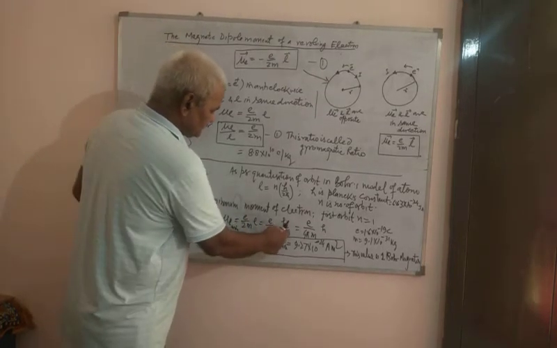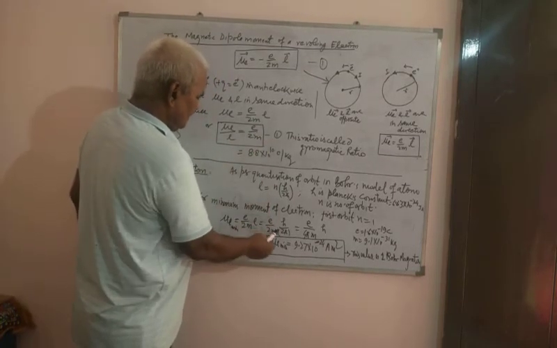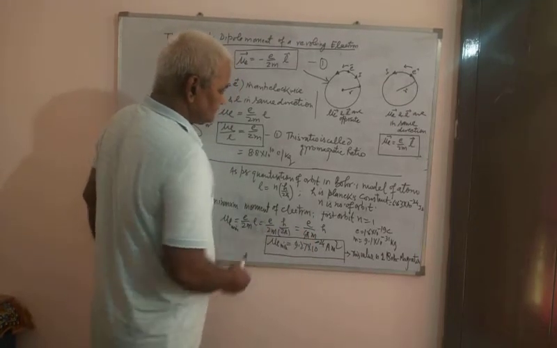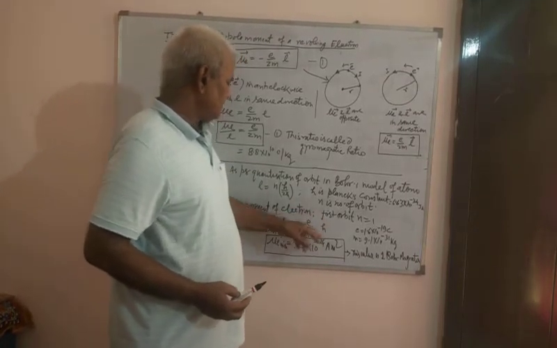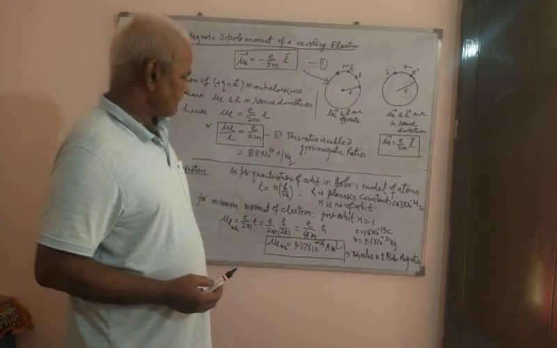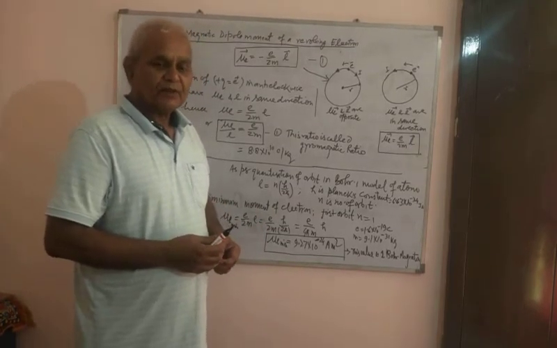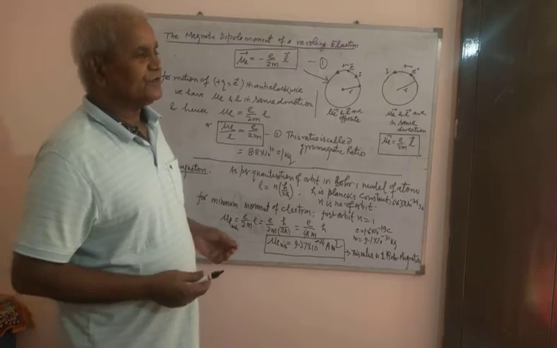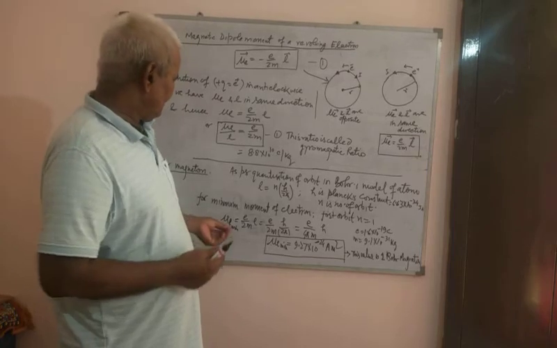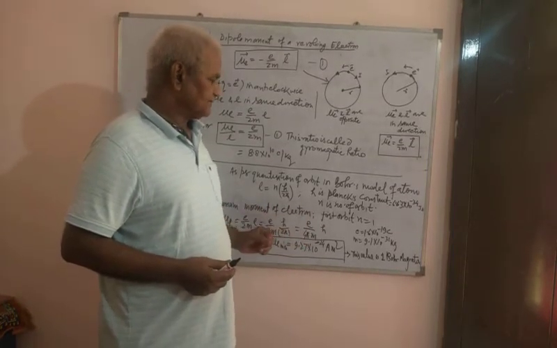So this e by 2m and h upon 2 pi gives e h upon 4 pi m, which is the minimum magnetic moment of a revolving electron, and this minimum magnetic moment is called the Bohr magneton. I mean, in any atom, whether it is hydrogen or other atoms, the minimum magnetic moment of the electron will have this value, e by 4 pi m into h.